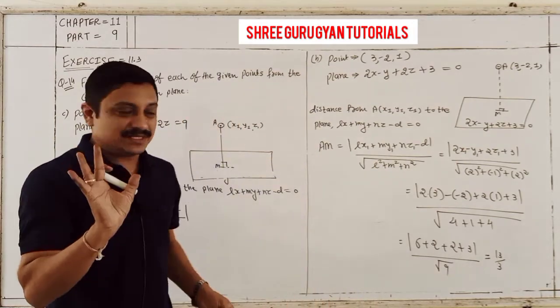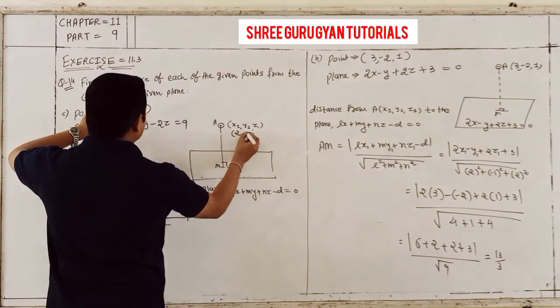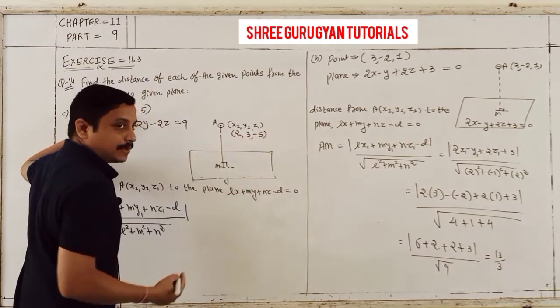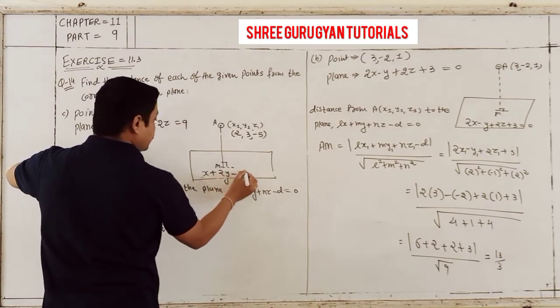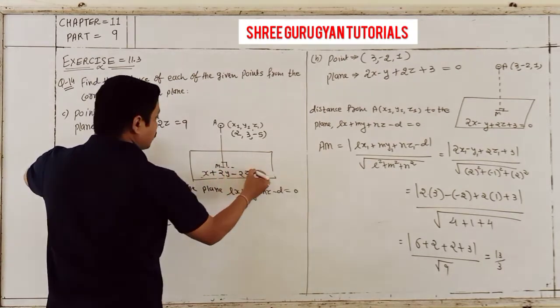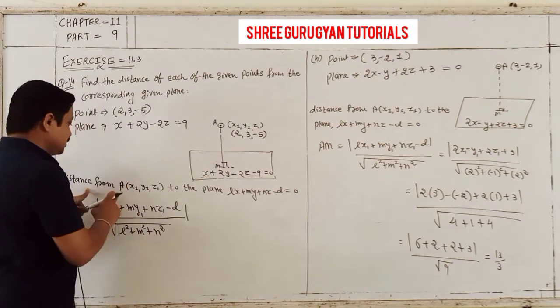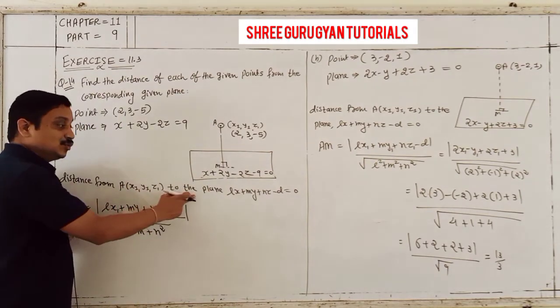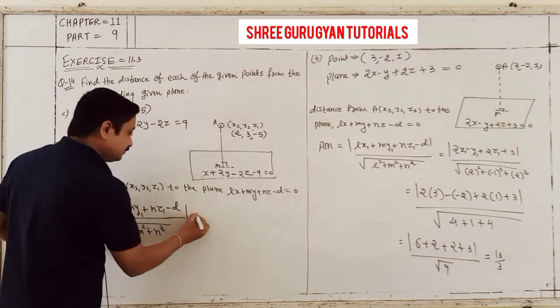Here also, same as before, draw the figure. Write the point here: 2, 3, minus 5, and the plane is x plus 2y minus 2z minus 9, and the distance formula from A (x1, y1, z1) to the plane lx plus my plus nz minus d is the same.